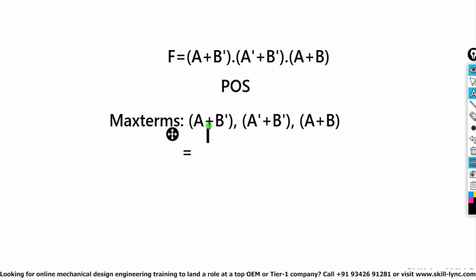For A, B bar: although A is 1 in SOP, here A becomes 0 and B bar becomes 1, so it is 0, 1. Similarly, it is 1, 1.